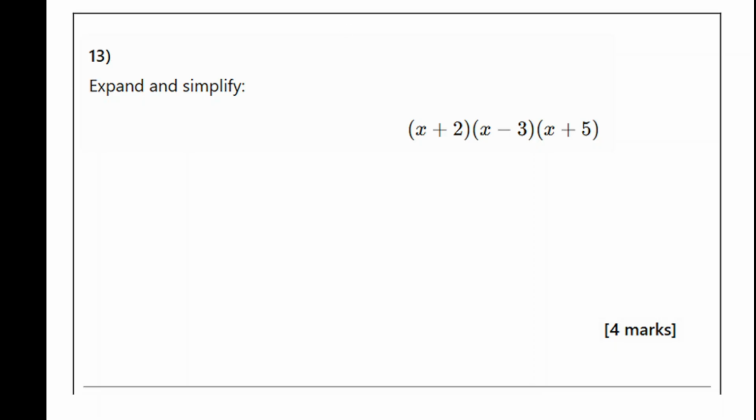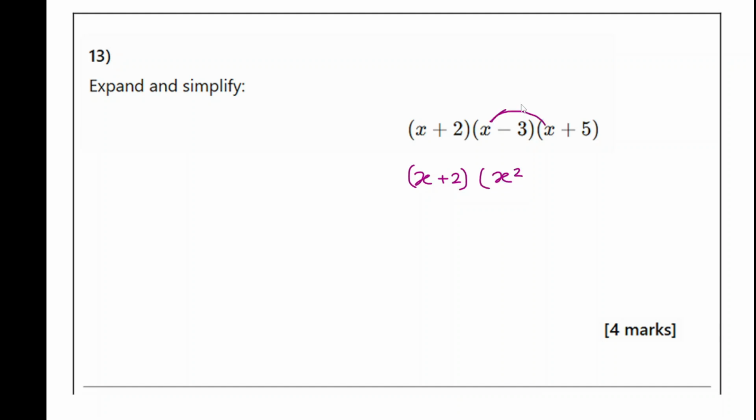Question number 13. Expand and simplify. Let's do this one. You can multiply the first two and then multiply by the third one, or you can do the second and third first and then multiply it by the first one, which I usually prefer. So let's do this one. X add 2, leave it as it is. Let's multiply these two. X times x, x squared.